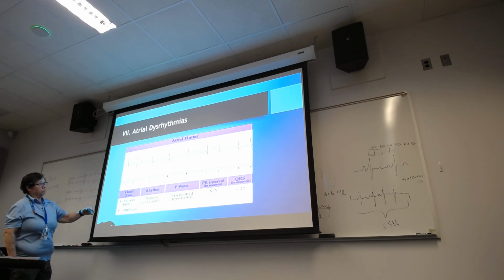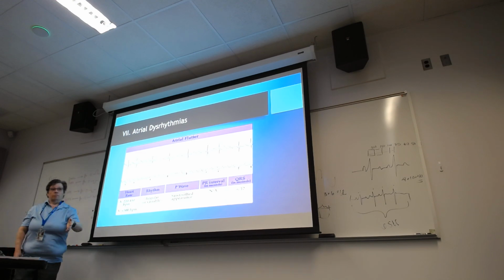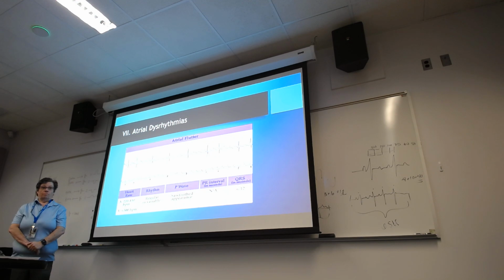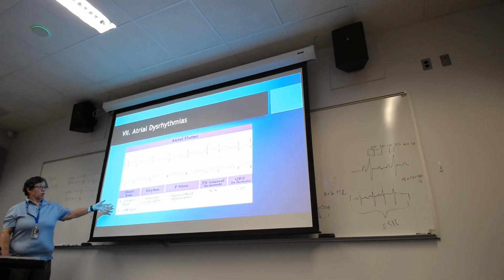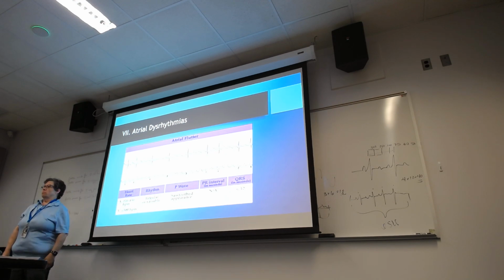Atrial flutter, okay, it's super fast, right? But what's happening here? That's squiggles. Lots of them. So you have your atria going at a different rate than your ventricle, right?